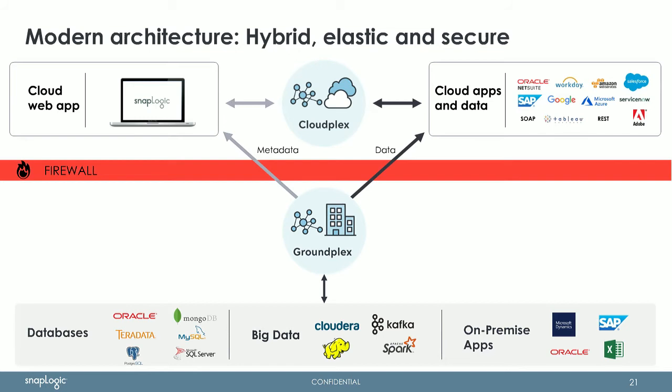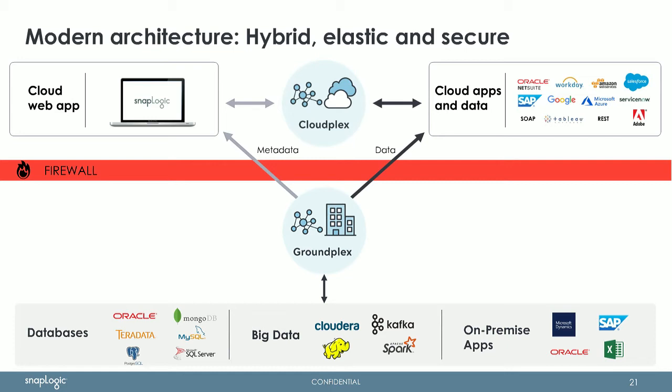Since we have a technical audience here, I want to quickly go over the architecture. So on the top left, you see SnapLogic that can be accessed from any browser. So regardless of whether your integration runtime is running in the cloud, in a Cloudplex, or whether it is running behind your own firewall in a Groundplex, you can always access your pipelines, you can manage them, you can see the performance of them, all of them through your browser.